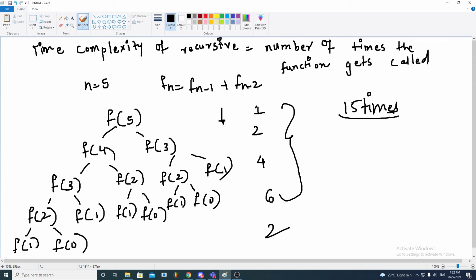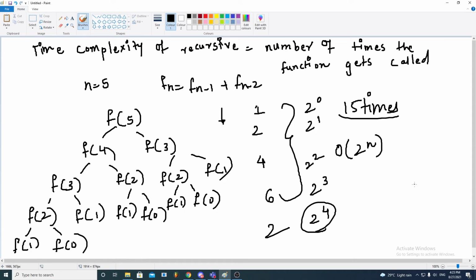So how do we calculate the time complexity? Usually the time complexity of recursive Fibonacci is considered as O of 2 raised to n. You can look at the pattern: first it is 2 raised to 0, then 2 raised to 1, then 2 raised to 2, then 2 raised to 3, and at the final stage 2 raised to 4.